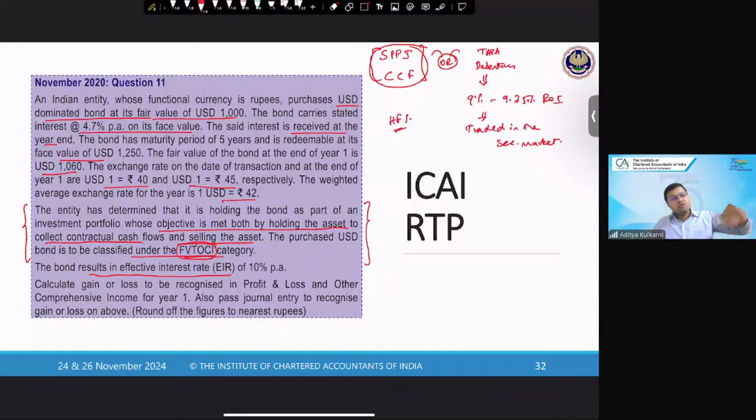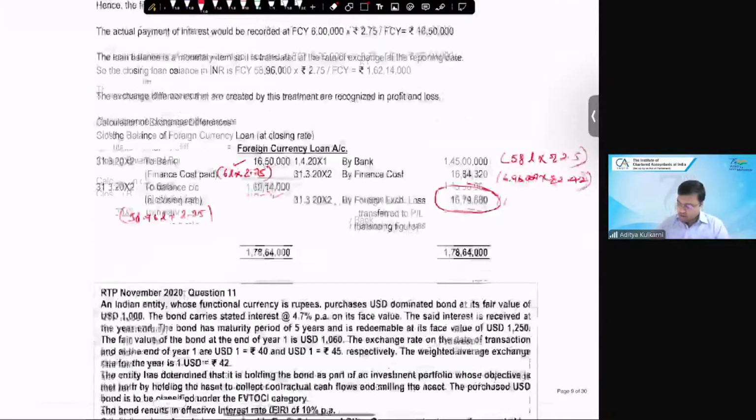That means there is a movement in fair value. You will build the instrument to that value and the corresponding credit or debit, you will take it to other comprehensive income. All right. So the background behind the question is understood. Now let us proceed to solve the question.